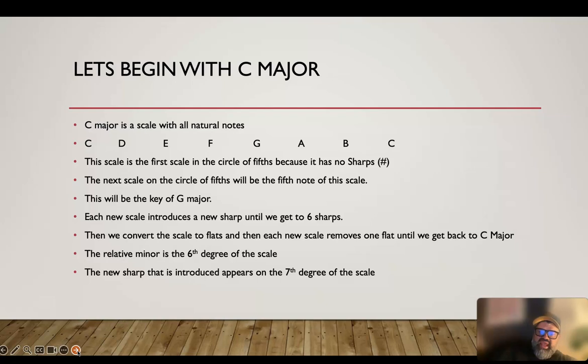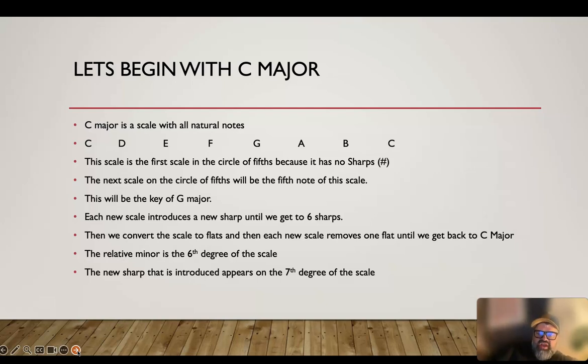So let's begin with the key of C major. We know, because we've done this a million times now, C major is a scale with all natural notes. That means there are no sharps or flats, and that's why we learn it first. To find the next scale on the circle of fifths, this will be a scale that has one sharp.